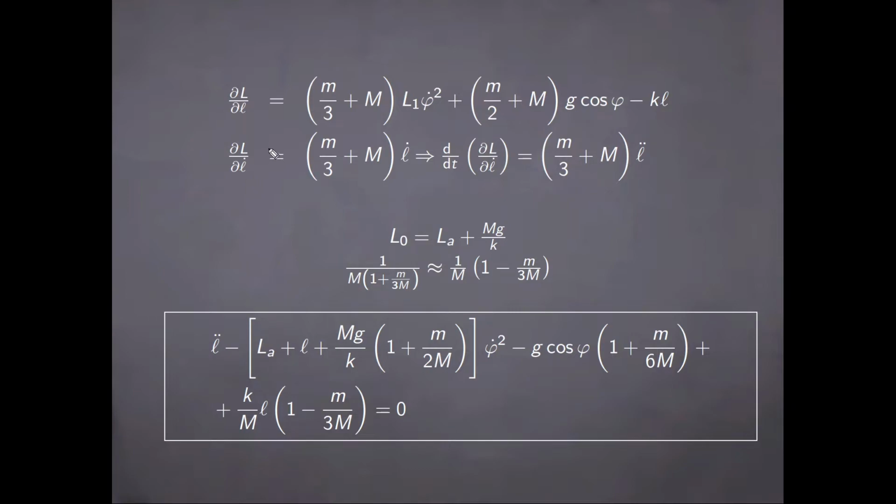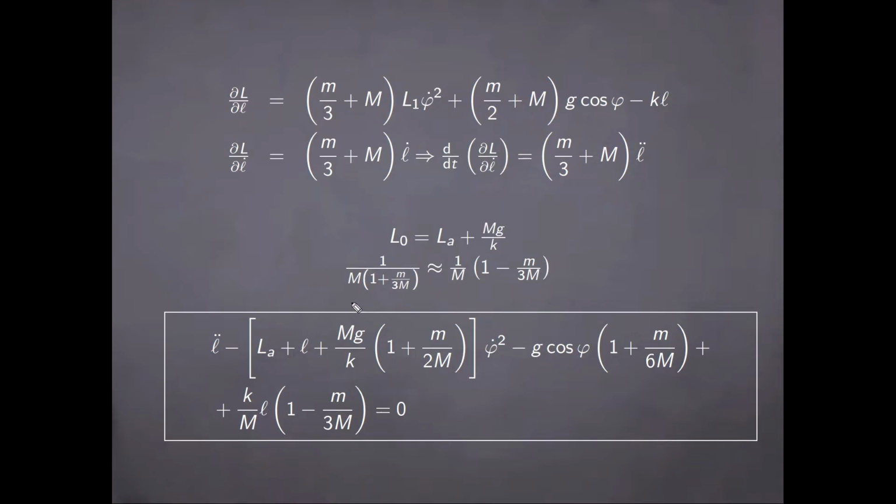Then for the stretching, it's straightforward to calculate the derivatives. And in order to set up the equation of motion, I will use the following notations. Because I want to emphasize the spring's mass, I will denote the equilibrium position as being LA, the free spring, plus the stretching caused by the mass attached at its end.